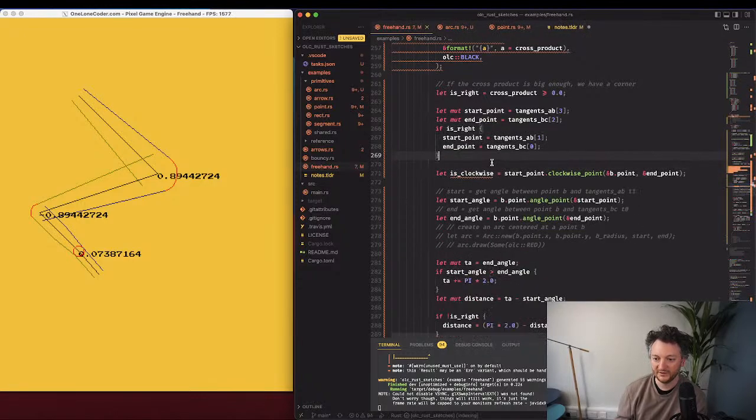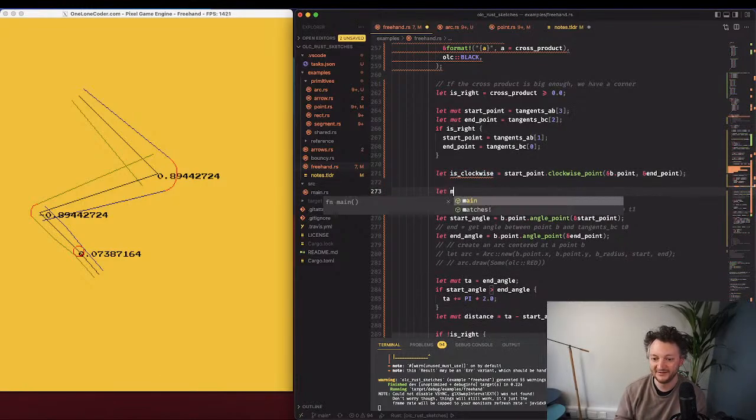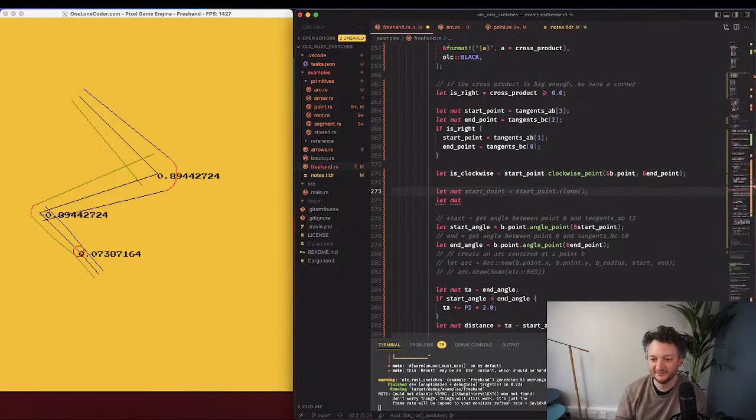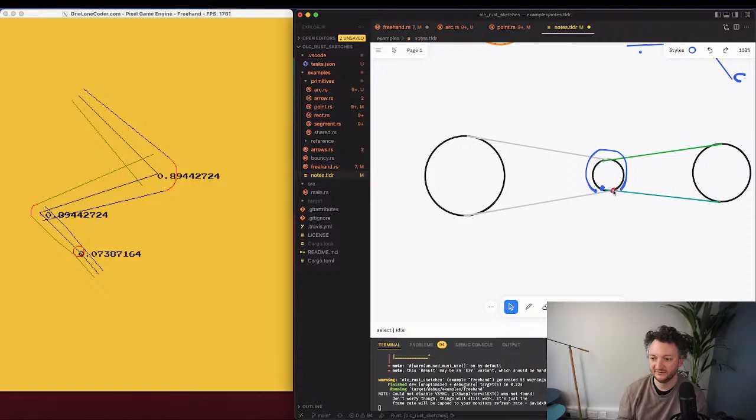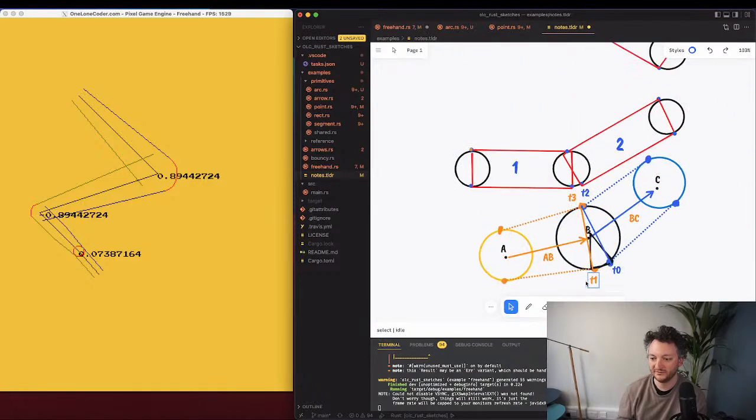And then if we are clockwise, we want to flip these two as well. Or is that right? If we're going left, we would expect the start and end to be counterclockwise.